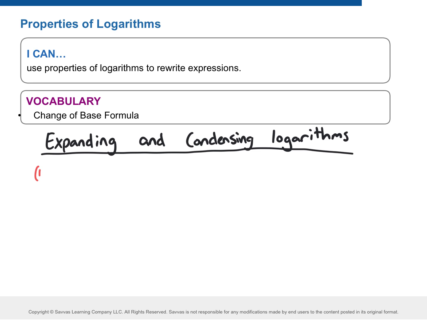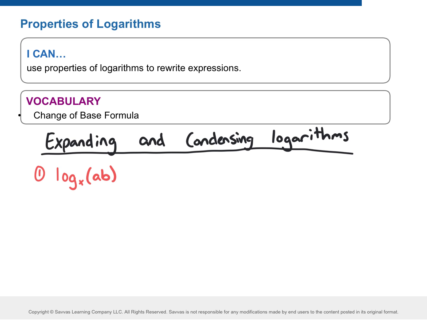So, the first one, I have log, I'm just going to call base x right now. Log base x of AB. Right now, that is condensed because we have one log. To expand, we're going to turn it into more than one log. Right here, what's happening between the A and the B?